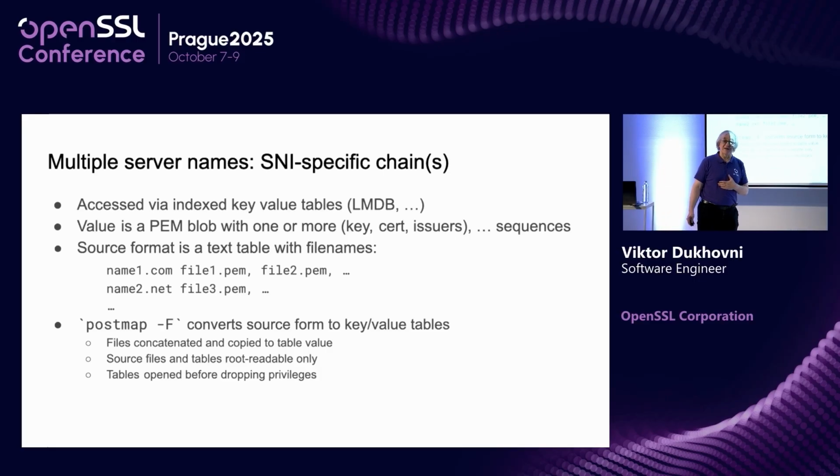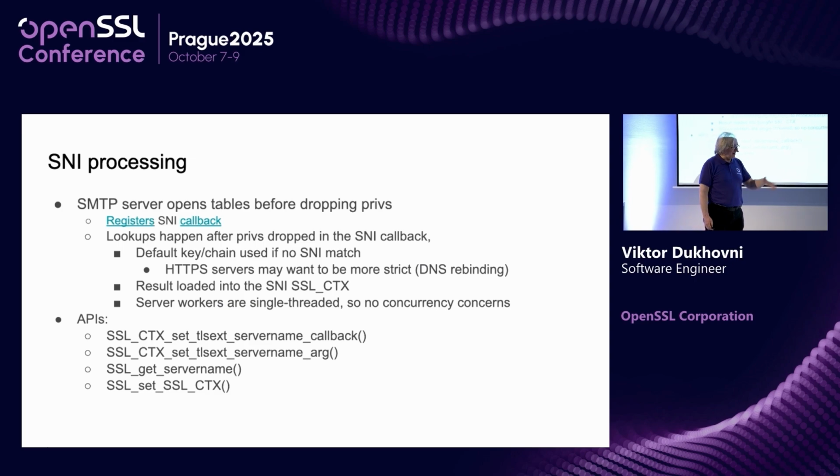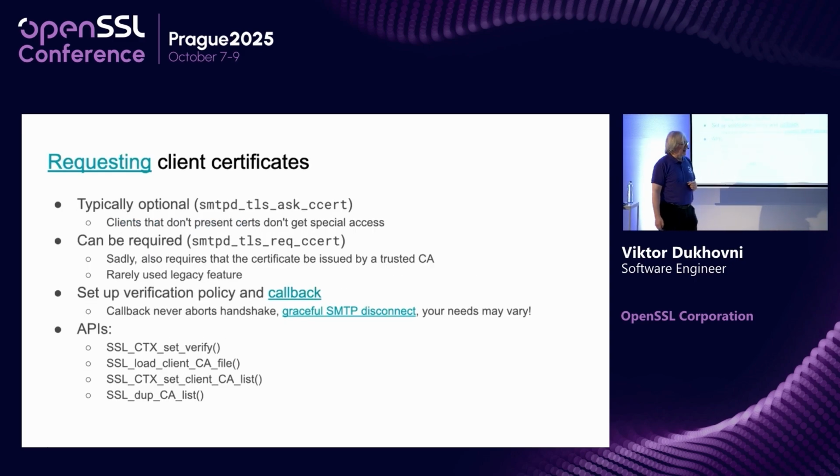Sorry, not Postfix, OpenSSL does SNI support. There's this notion of changing the SSL context associated with an SSL connection in the SNI callback so that it sees a context which has a different set of certificates. This is a little bit dated and isn't a good way of doing things. All right. SNI processing, yes. Lots of code to do with SNI processing.